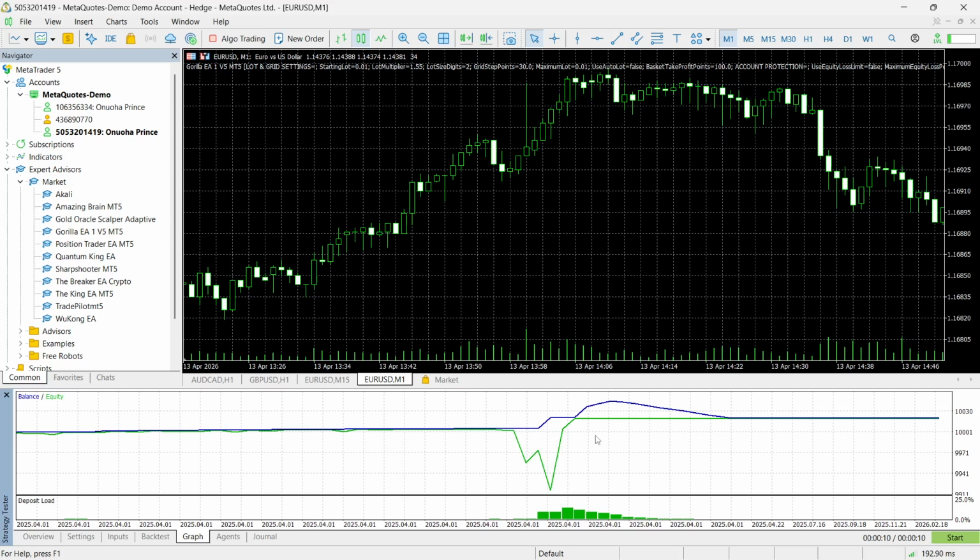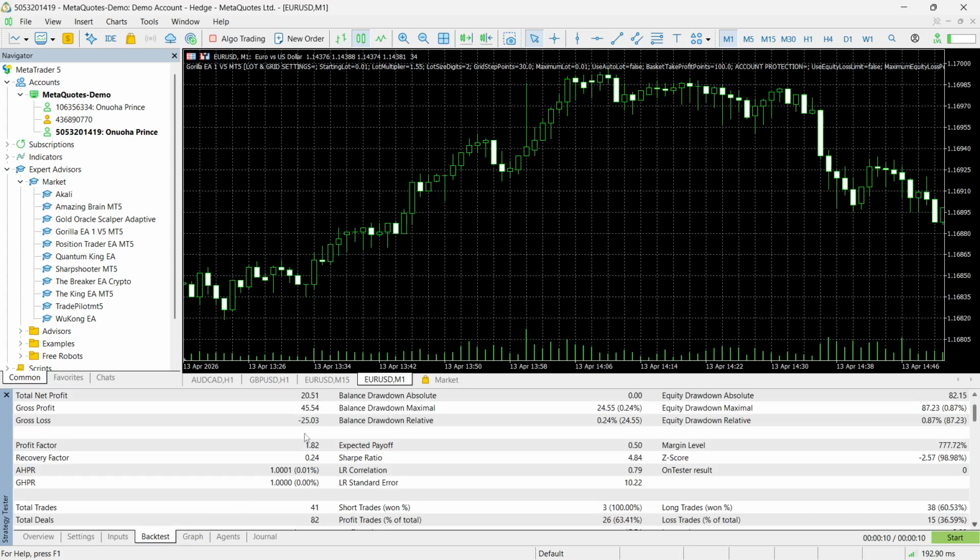Deposit load indicates regular but controlled trading activity. As for the stats, we had a net profit of 20.51. We also had a profit factor of 1.82.